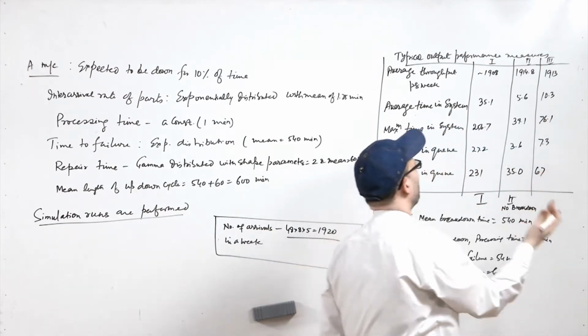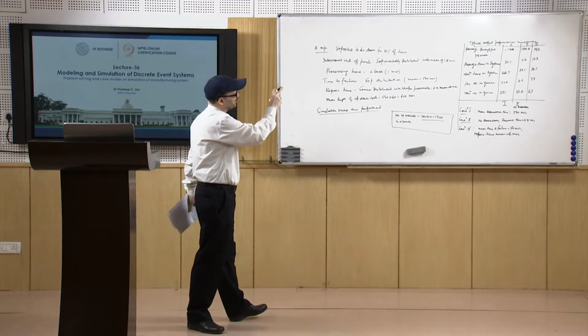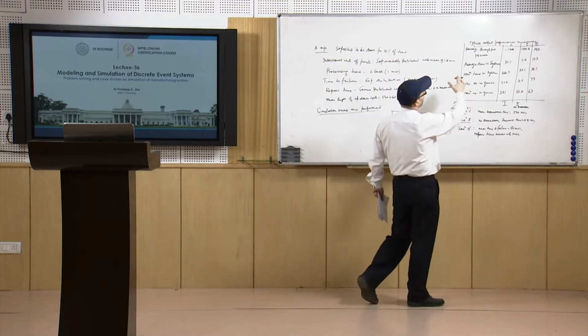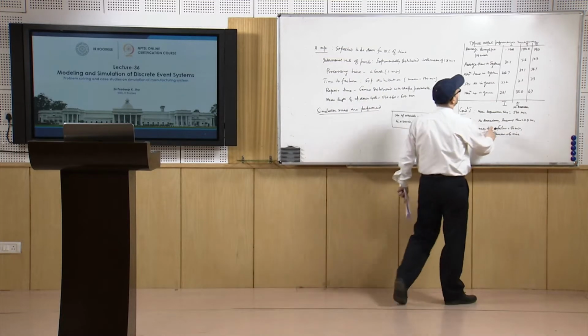So, what we see is that although the average throughput is the same in this case, other things change, because here the mean time to failure is less.